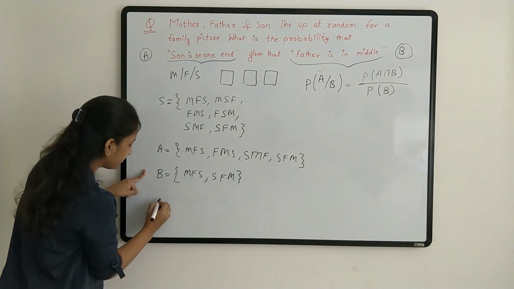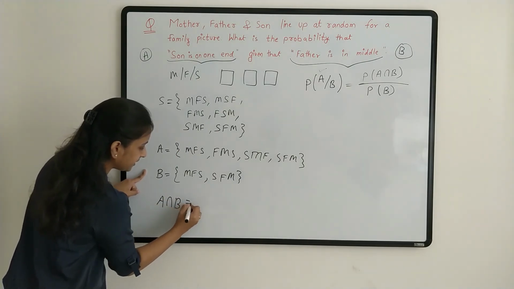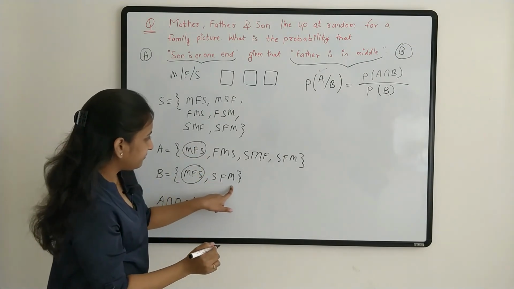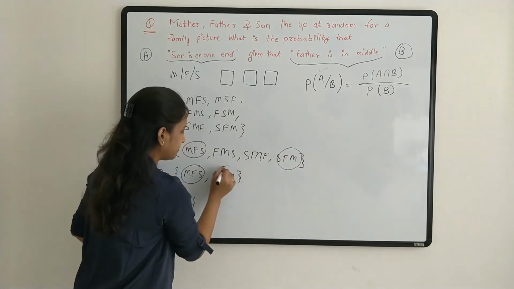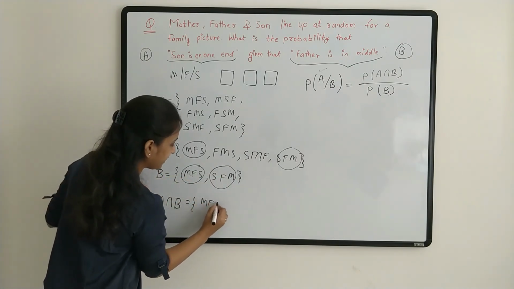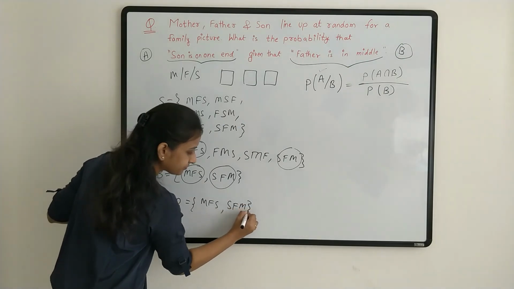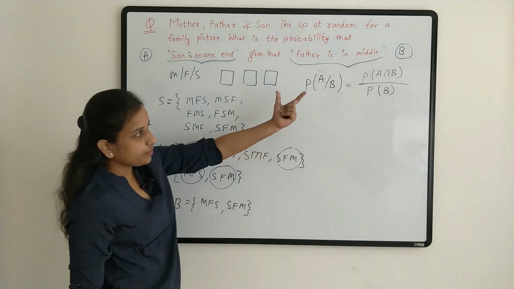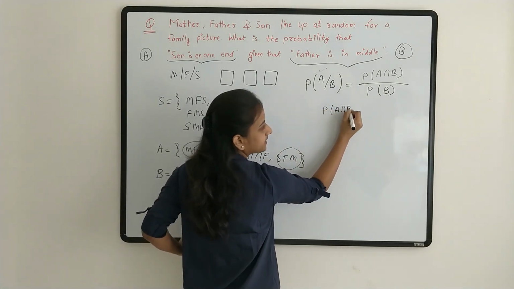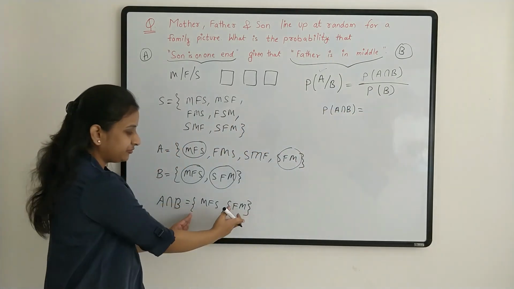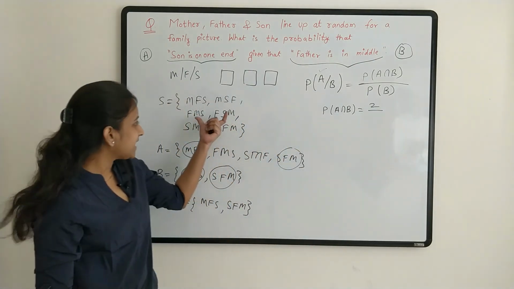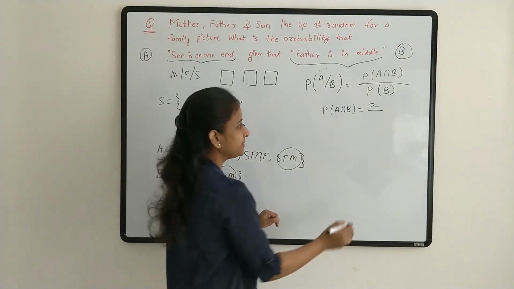Okay. Now we are finding A intersection B. Common points will be MFS and SFM. So the common points will be the whole B event, MFS, SFM. Now what is the probability of this event? Numerator, probability of A intersection B. Two favorable outcomes, right? 2 out of the sample space there are 6 outcomes, means 2 out of 6.